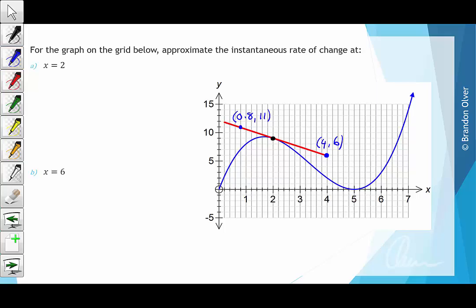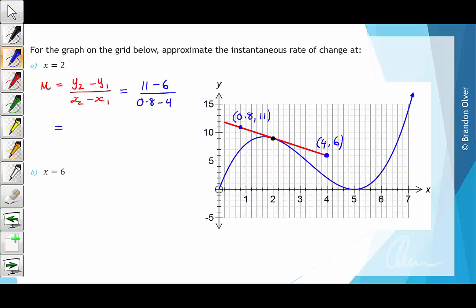So at x equals 2, the gradient of the line is equal to y2 subtract y1 over x2 subtract x1. So that's the formula for the gradient. And if we put in our values, we're going to have 11 subtract 6 over 0.8 subtract 4.